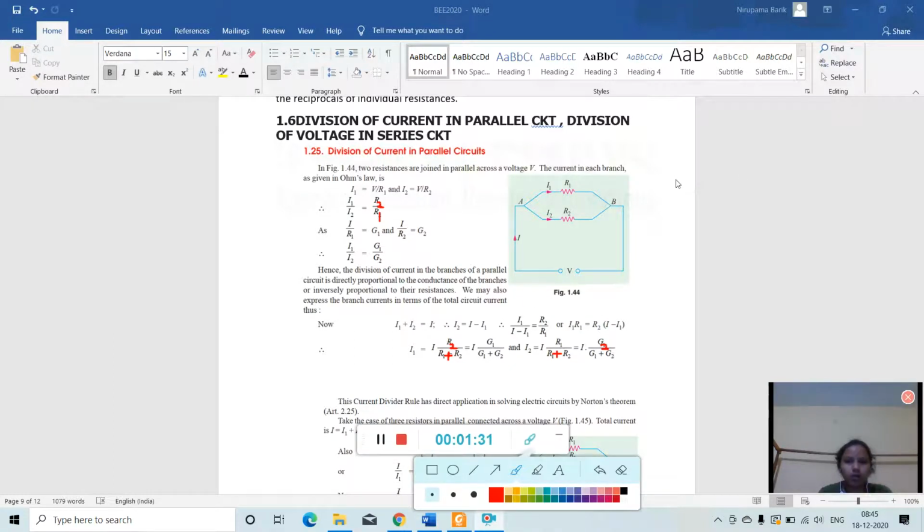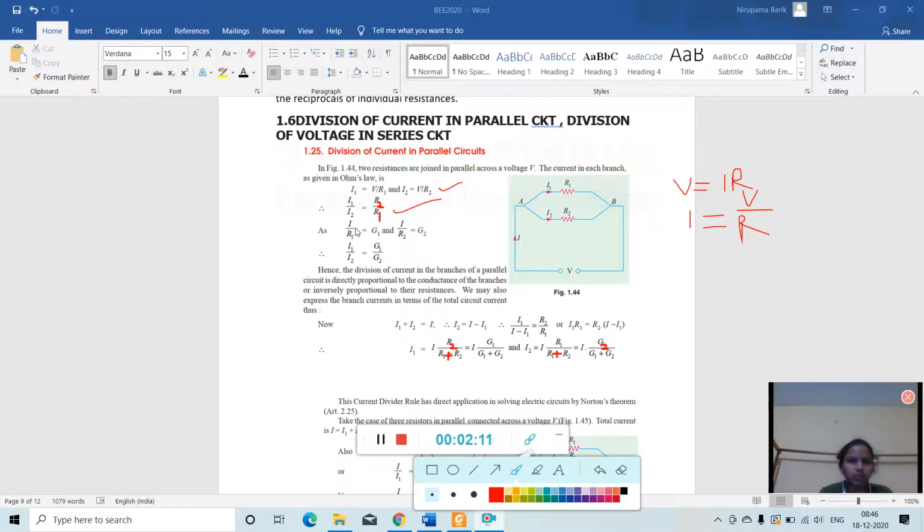From Ohm's law, we found that V equals I into R. Okay, so from this, we can find out that I is equal to V by R. So from this, I1 is equal to V by R1, and I2 is equal to V by R2, because here the total voltage is V. So from these two equations we can find out I1 by I2 is equal to R2 by R1.